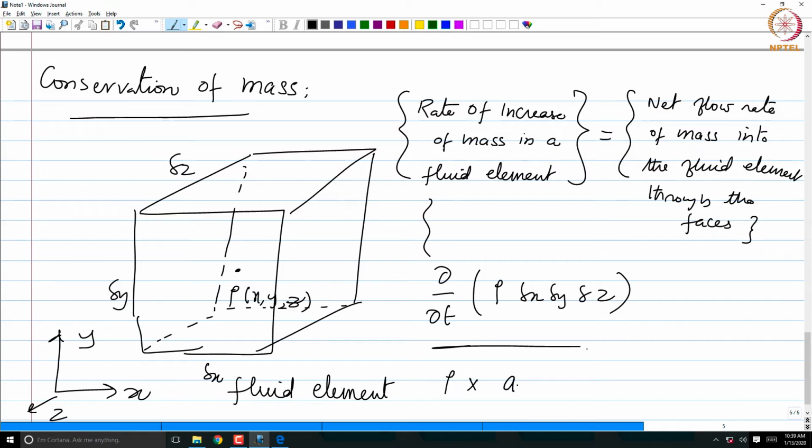I would like to write it as AN, that is the normal cross-sectional area, times the velocity that is normal to the surface, that is Vn. Now if you are to write this, this is essentially nothing but rho times V bar dot An bar, that is in terms of a vector notation.